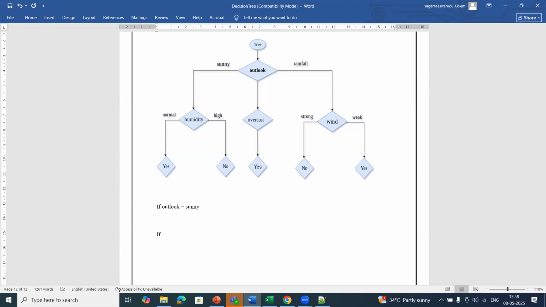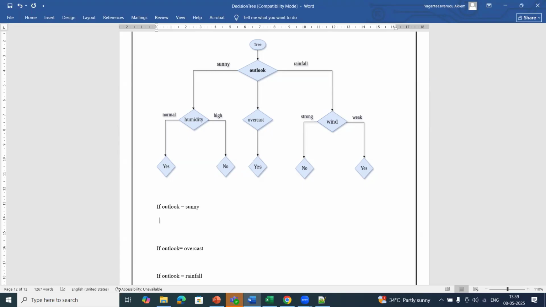If outlook is overcast, and if outlook is rainfall. So these are simple if statements, maybe in your C programming or Python programming or Java programming, simple if else statements are there, right? Similarly, we have simple if else statements.